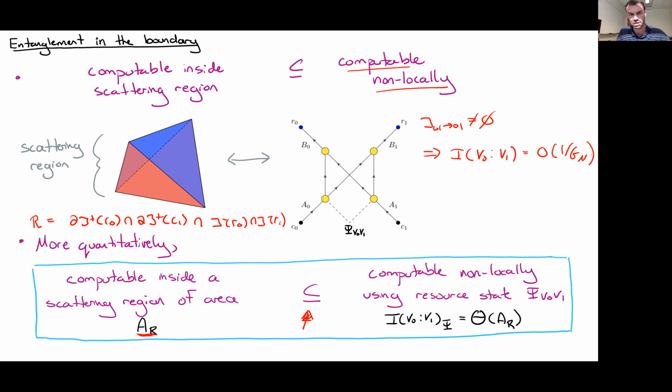There are two ways to think about this. I originally found this statement because I was thinking about non-local quantum computations, and for certain computations, for every qubit you throw in, you need one unit of mutual information. You can use that fact to prove this statement, or within general relativity, you can show that the existence of this causally defined region implies that the Ryu-Takayanagi surfaces enclosing the union of V0, V1 take on this kind of configuration, which is equivalent to the mutual information being order 1 over G Newton.